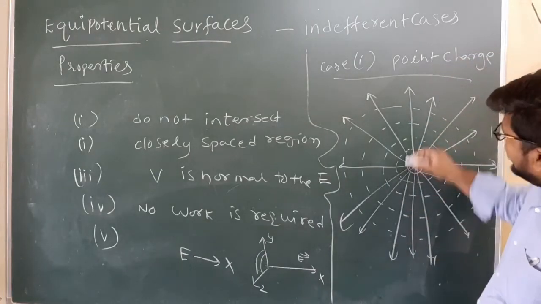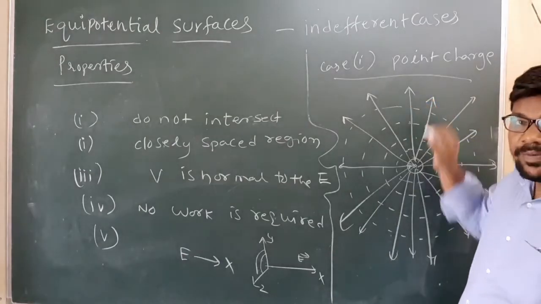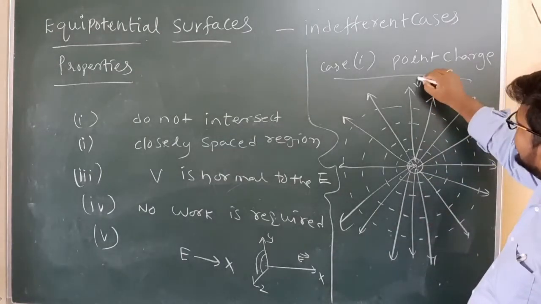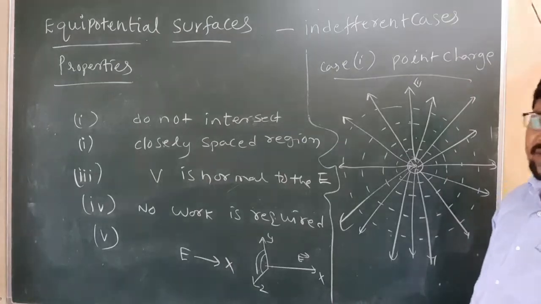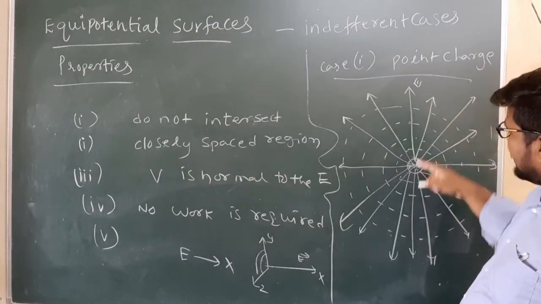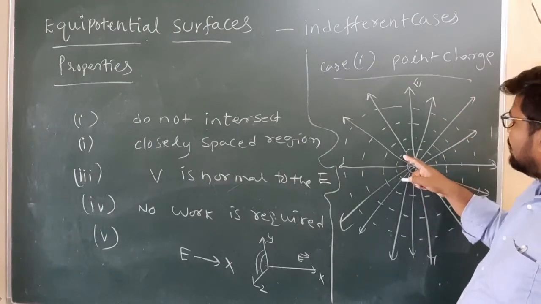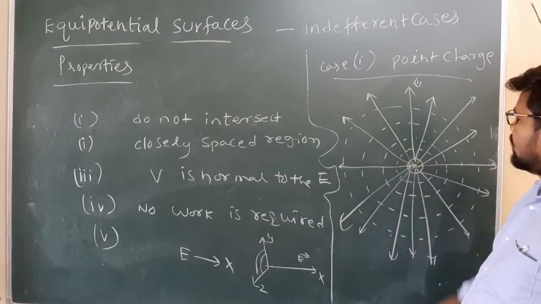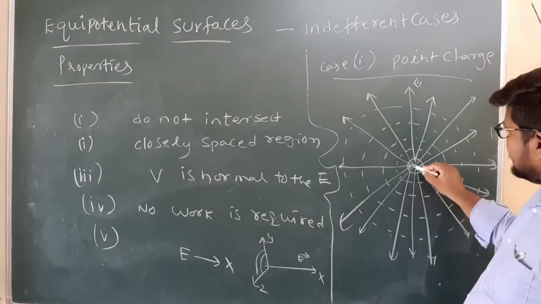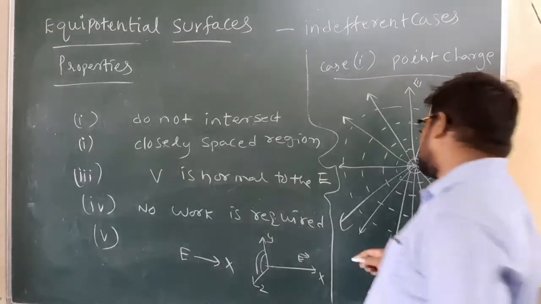See here, the dotted line indicates the equipotential surface, and the arrow marks indicate the electric field. The electric field is normal to the plane of the equipotential surface. Here is a test positive charge.